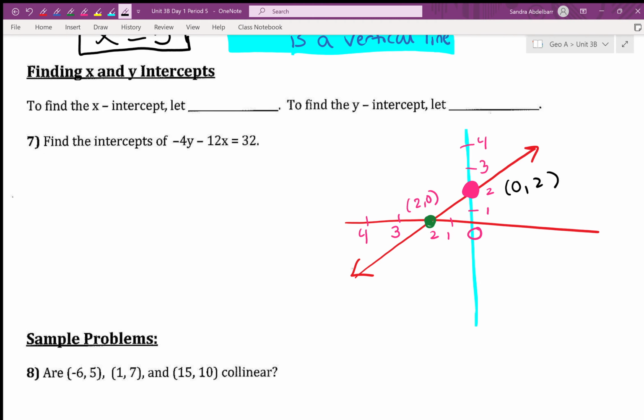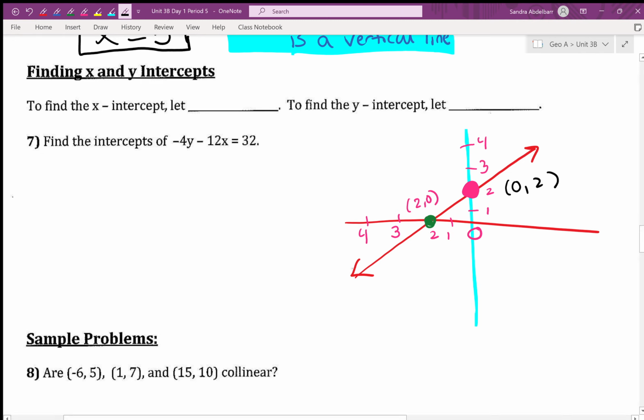So when you have an x-intercept, guess what y is always going to be? The y coordinate for the x-intercept will always be 0. And for the y-intercept, the x coordinate will always be 0. Do you need me to repeat that? The green dot is an x-intercept, the point 2, 0.